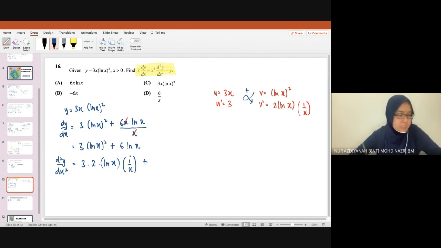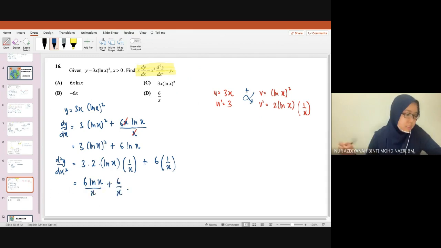And then for the second term, 6 ln x, okay, when we differentiate, we will get 6 times 1 over x only lah for this one. So here kita akan ada 6 ln x over x plus 6 over x. Okay, so ni jawapan untuk second derivative.